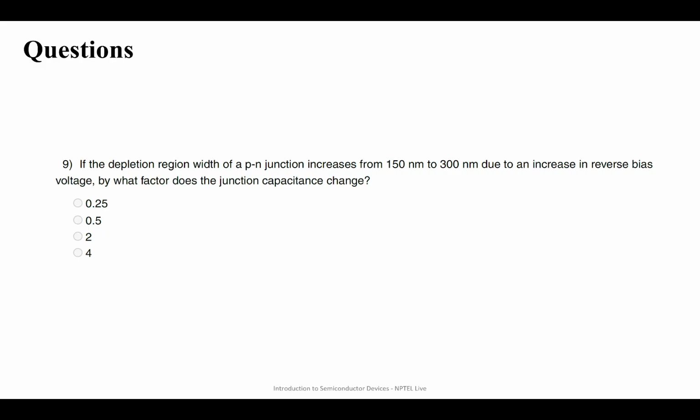If the depletion region width of a PN junction increases from 150 nanometer to 300 nanometer due to an increase in reverse bias voltage, by what factor does the junction capacitance change? 0.25, 0.5, 2, 4.